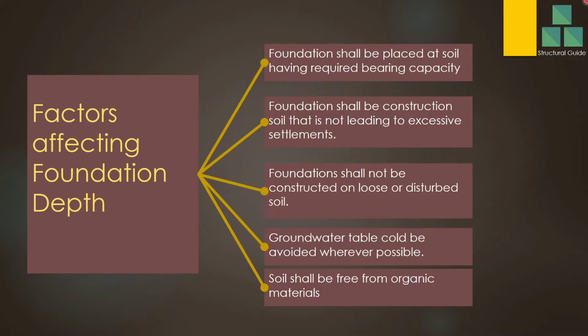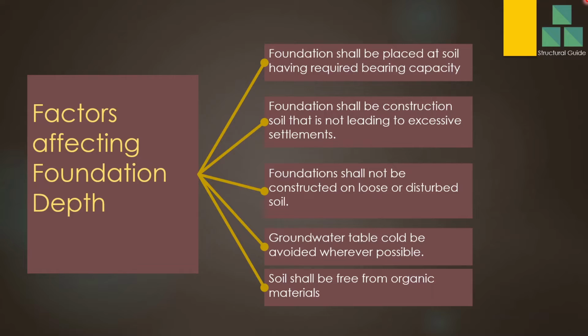You have to do dewatering and many more things, so the cost will increase. If you can construct the foundation just above the groundwater, these issues may be less. In addition, there may be durability issues with the presence of the groundwater table. Therefore, we have to consider those things.